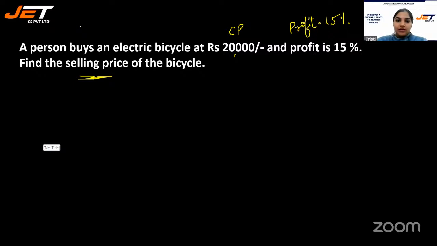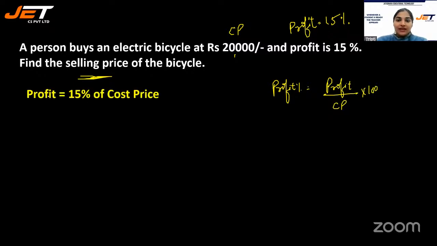You know that we did the formula, profit percent is equal to profit by the cost price times 100. With this formula only, we got profit as profit percent of cost price. To find the profit, we need to do profit percent times the cost price.